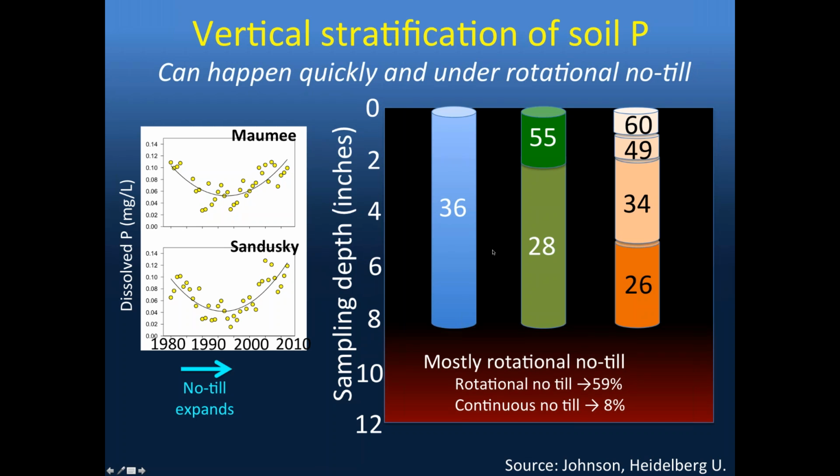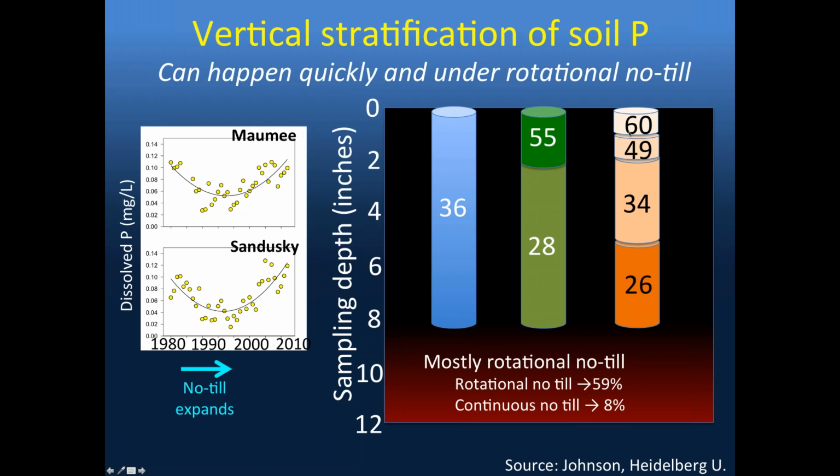And what you see are very different averages in terms of the soil test. So when you take an 8-inch sample across the soils that they sampled, you had an average of 36 milligrams per kilogram or parts per million. When you took a 2-inch sample, you had an average of 55 and then 28.